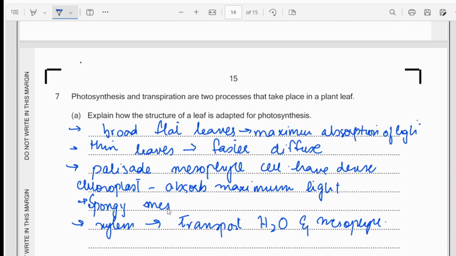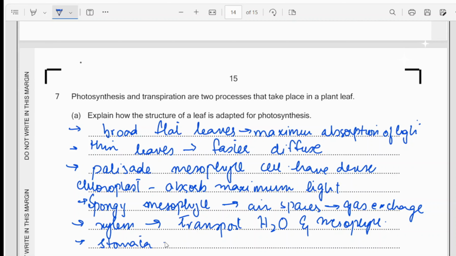Spongy mesophyll cells, air spaces. What is the purpose of air spaces? Yes, gas exchange. Okay, and in the last, the lower epidermis or the last layer, there are stomata, and there would be transpiration. Okay, let's say stomata. We can mention stomata.